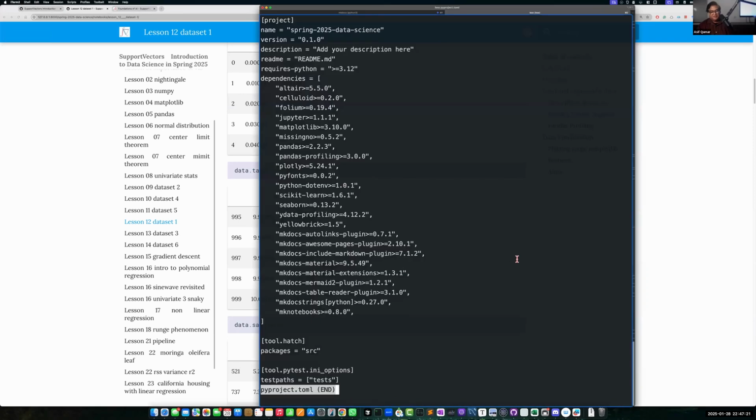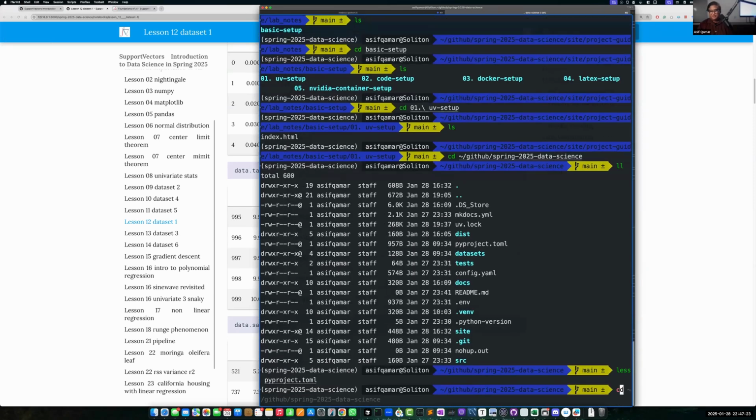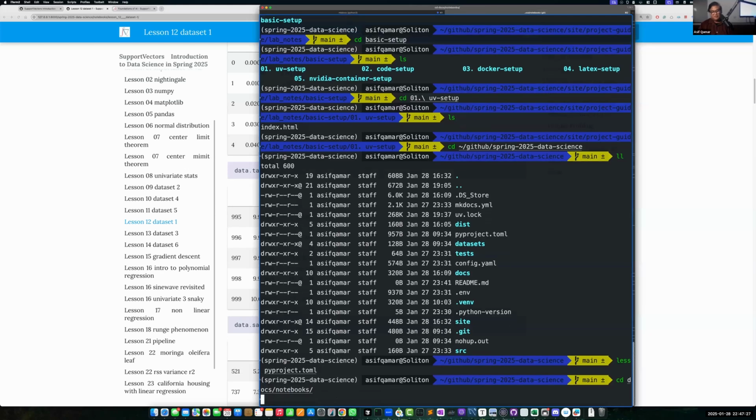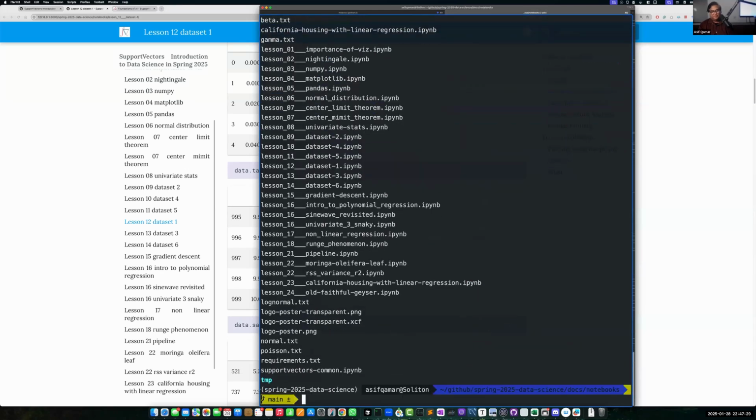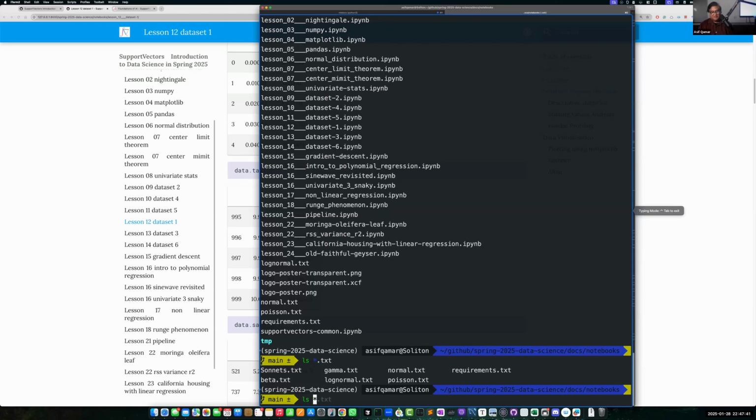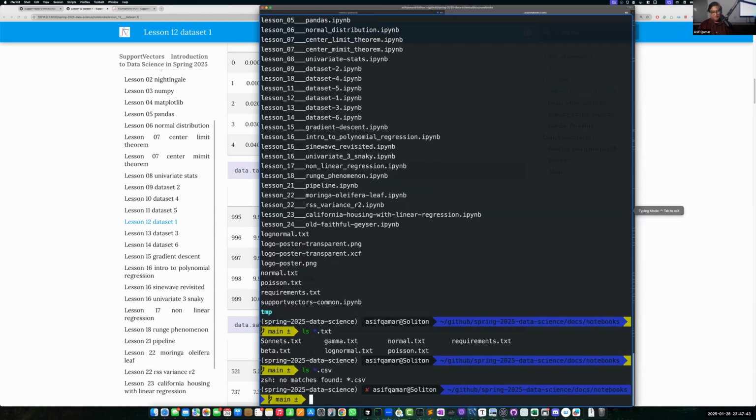If you're looking at the data, let me show you. When you go to docs, notebooks, you will see there's a data set. Most of them have the .txt file here, and the code will pick the data from here.